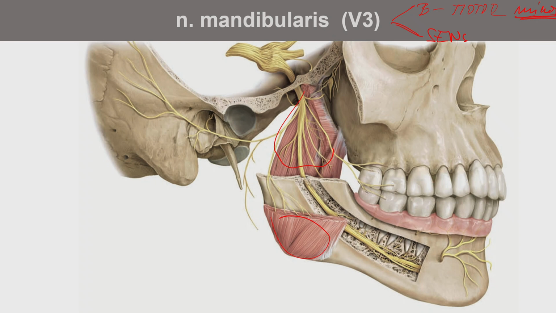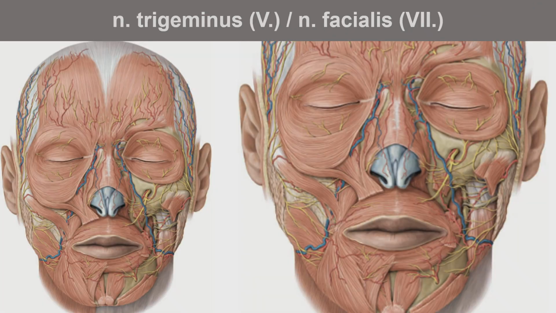So those are branches for those muscles for muscles of mastication, so masseter, temporalis, and lateral and medial pterygoid muscle, and mylohyoid. So it's important to understand which muscles of the head are innervated by trigeminus and which are innervated by facial nerve.